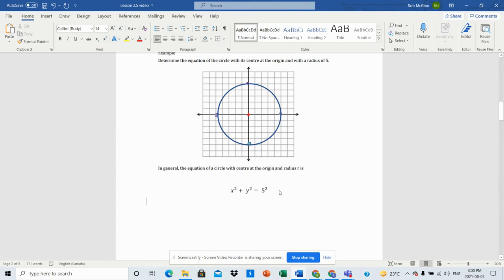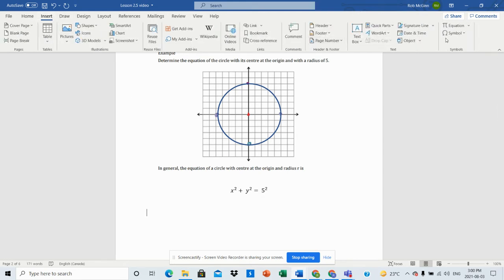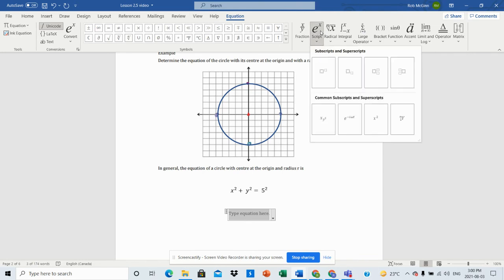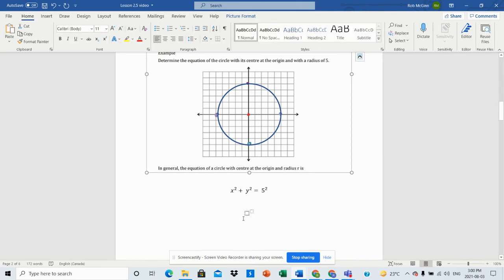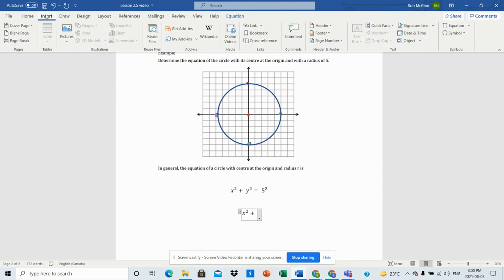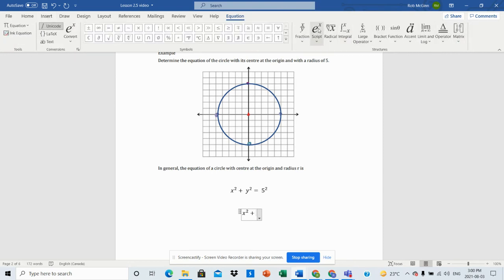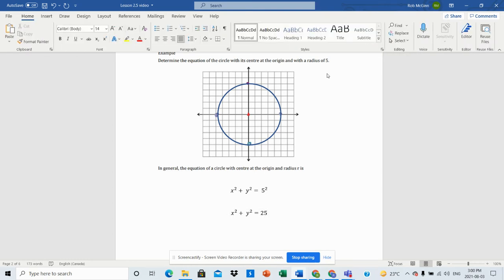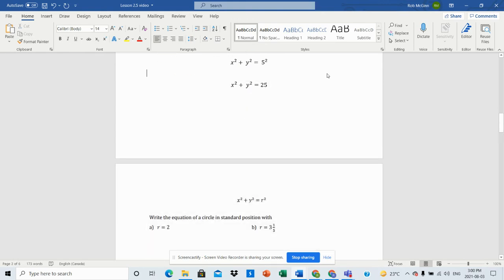So our actual formula, when we're finished, will look like this: x squared plus y squared is going to equal 5 squared, which is 5 times 5, which is 25. So that would be the equation of a circle.